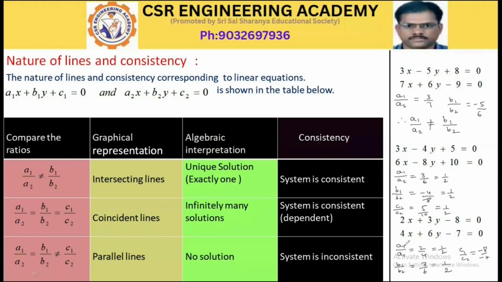Here a1 by a2 is equal to b1 by b2 not equal to c1 by c2. System is inconsistent with no solution, and these two lines are parallel to each other.